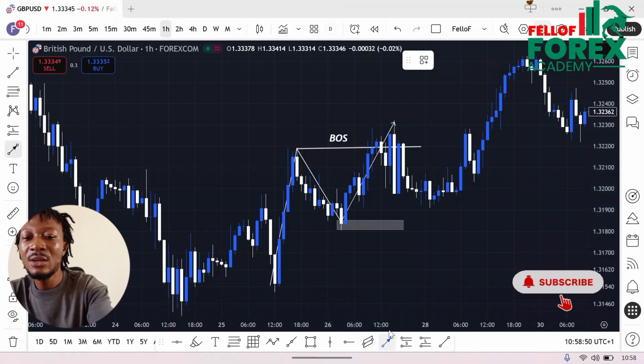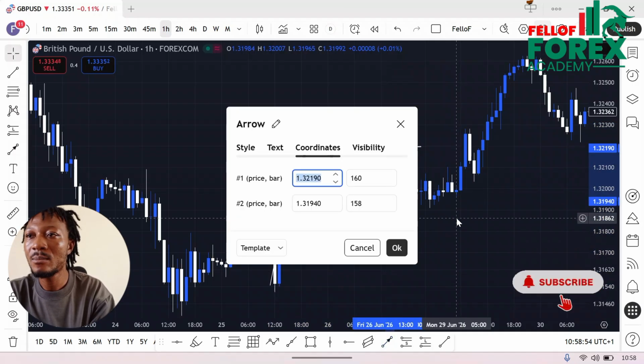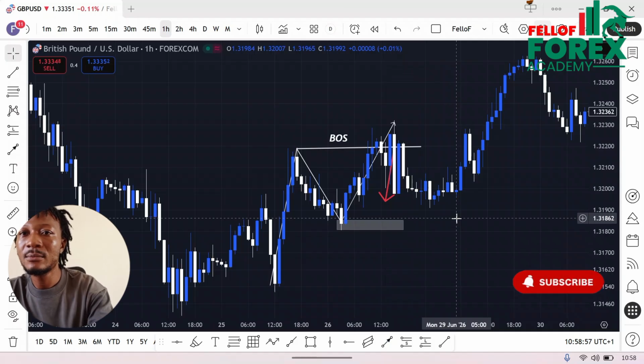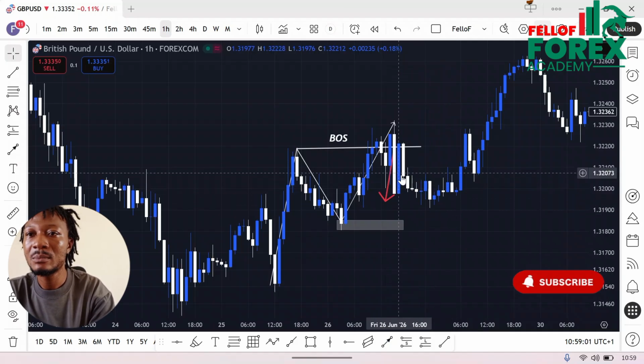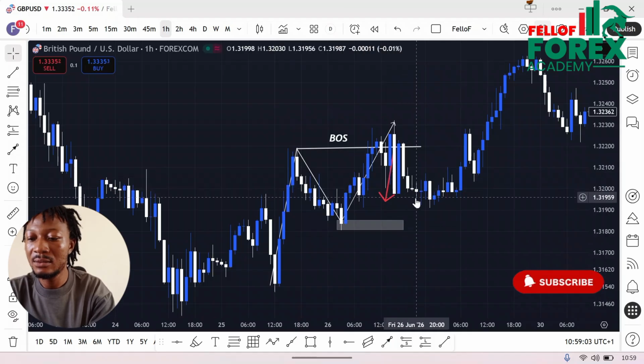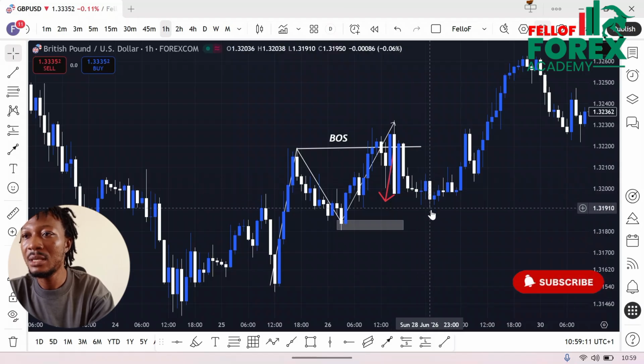When you go back, try to practice this on your charts, okay? Don't just watch this video and assume that you know. Practice it before investing your money. Now you start looking for an engulfing candlestick. Finally, price came, and this is the first engulfing candlestick. You can actually call this an evening star, or you can also use just the engulfing.